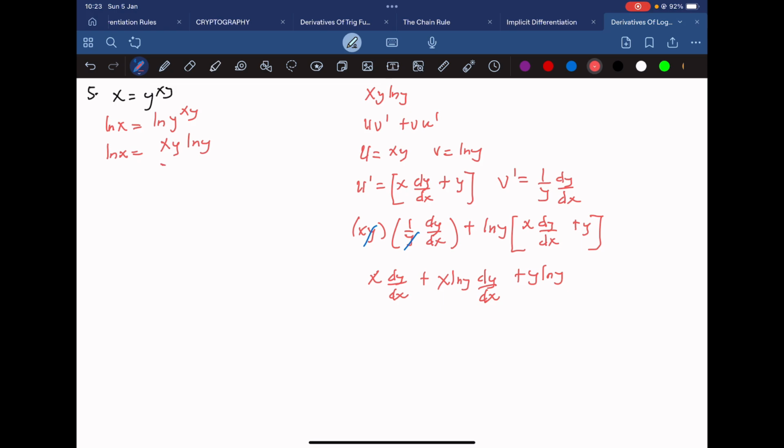So if we differentiate this right hand side, this is what we get. So we can come back to over here. If we differentiate ln of x, we have this, and if we differentiate the right hand side, we get this right here.